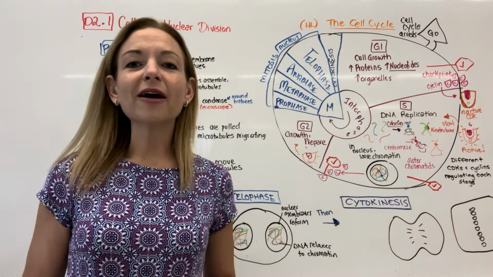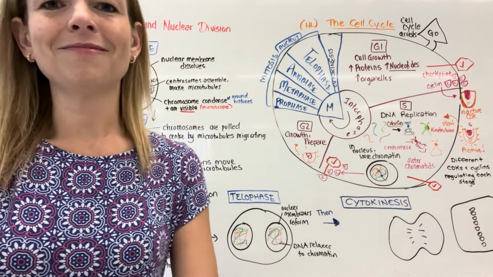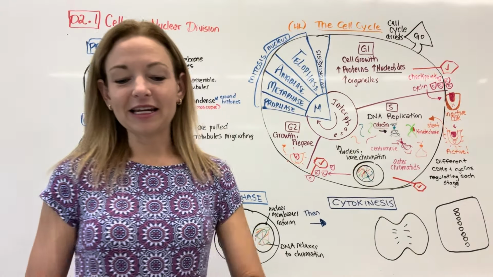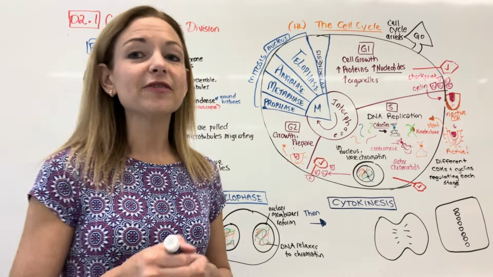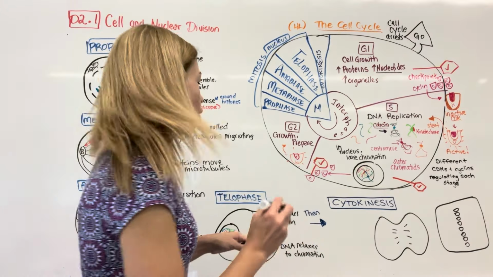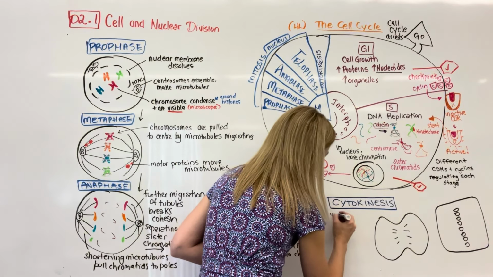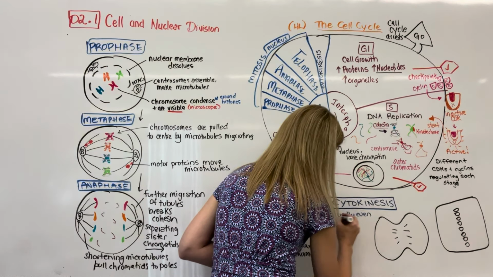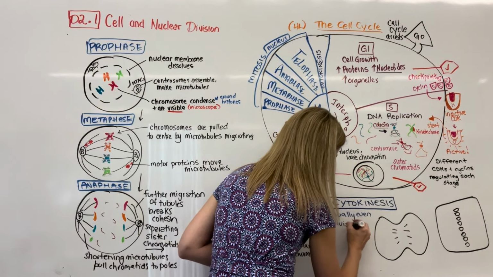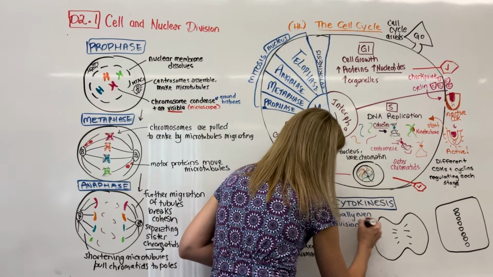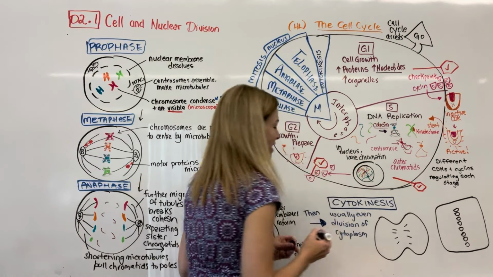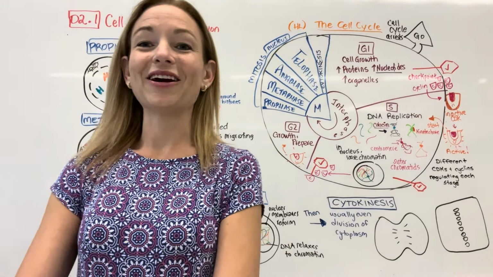The other thing I want to add is that it is usually an even division of the cytoplasm, but not always. So it's usually an even division of the cytoplasm, but when we say usually, that just implies there are exceptions.